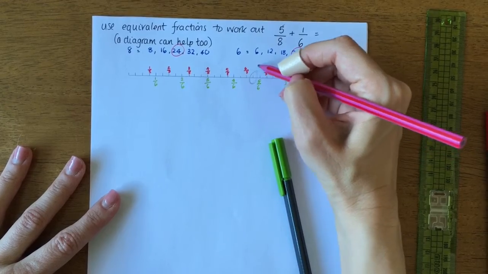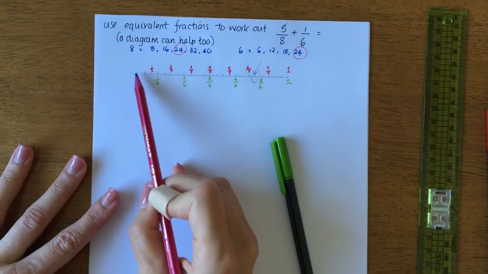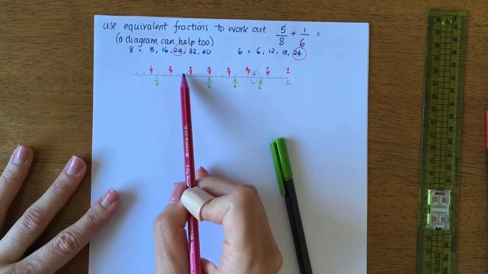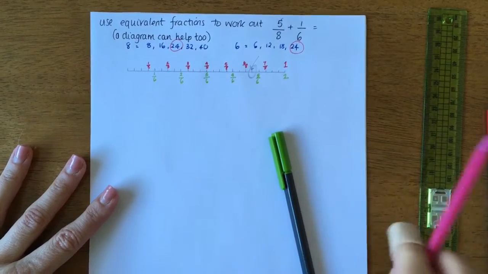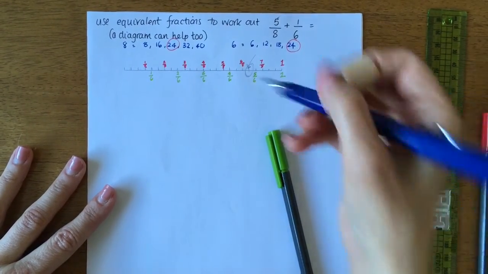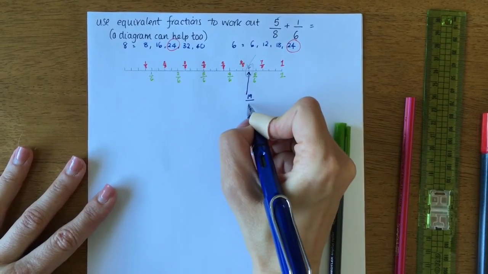If I count now, I've got 1, 2, 3, 4, 5, 6, 7, 8, 9, 10, 11, 12, 13, 14, 15, 16, 17, 18, 19. So the answer is going to be this one here, which is 19 out of 24.